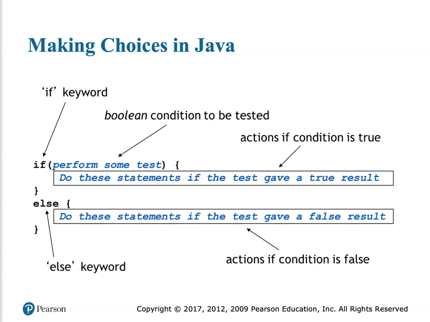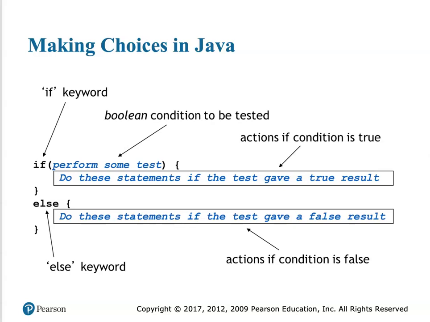Then we have curly braces to indicate a block. That's what happens if the test is true. Then we have an else statement, another set of curly braces, and the statements that get done if the test is false.